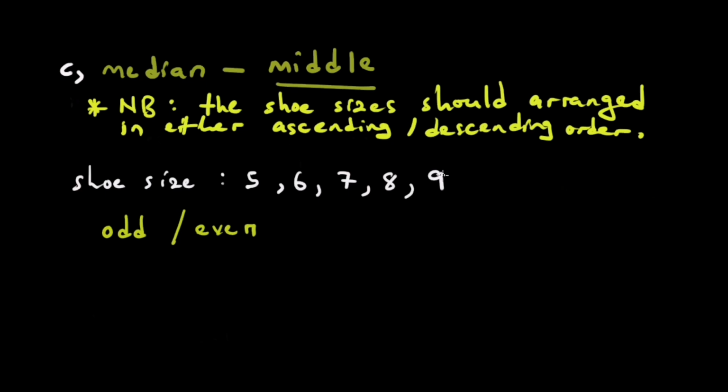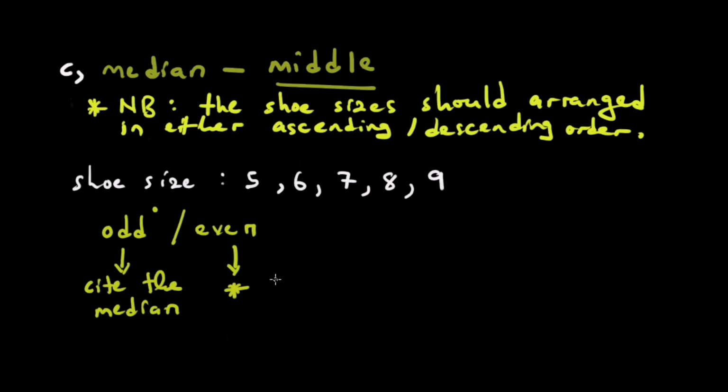Actually 5 elements. So since there are 5 elements, they are odd. So if it is odd, we can just cite the median. We can just cite the median. But let us actually cite it out. But if it is even, we do it differently.